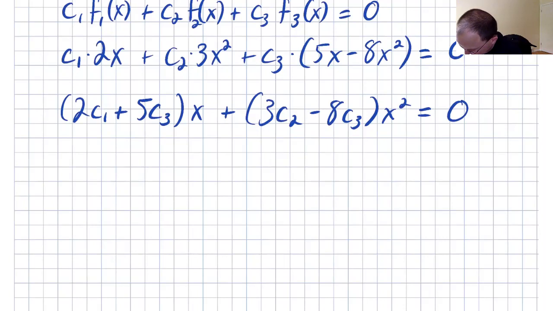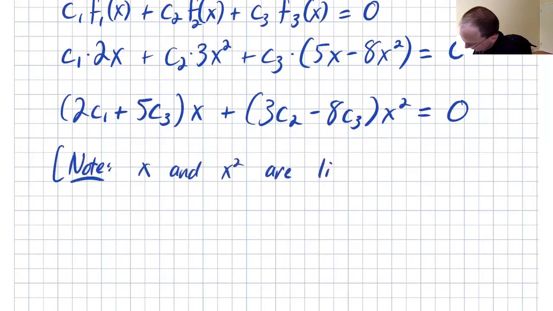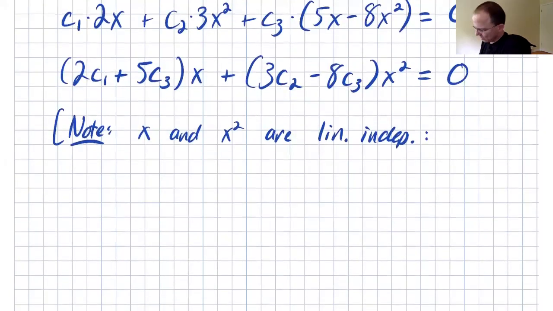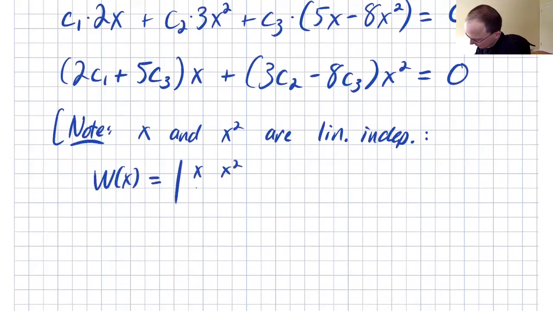So let's do both. Note x and x squared are linearly independent. We could maybe do a Wronskian type approach to show that, because if they're linearly dependent, then the Wronskian has to be 0 everywhere. So we could form the Wronskian of these two functions, x and x squared, then we take the derivatives like this.